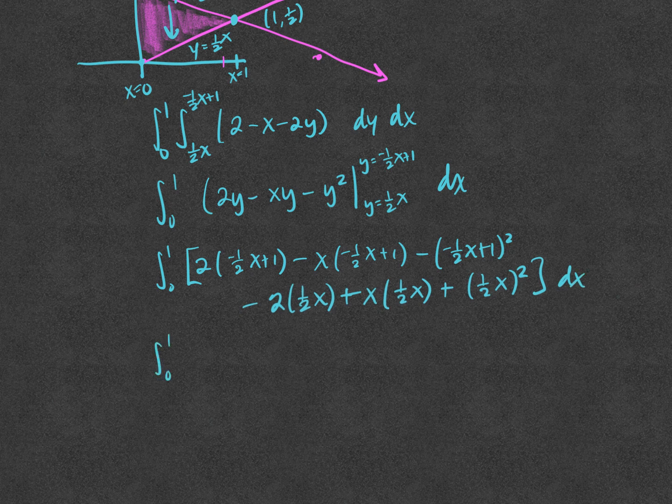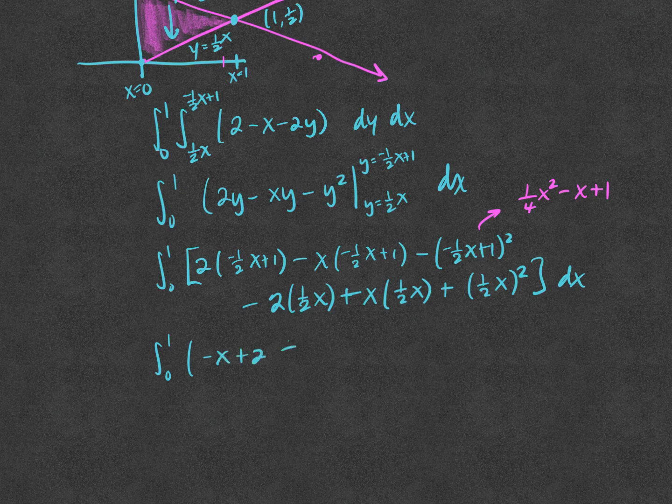So let's distribute this mess. I'm going to throw a line in here and make a note that this is positive 1/4 x squared minus 1x plus 1. All right, so I'm going to go ahead and distribute and say 2 times negative 1/2 x is negative x plus 2.